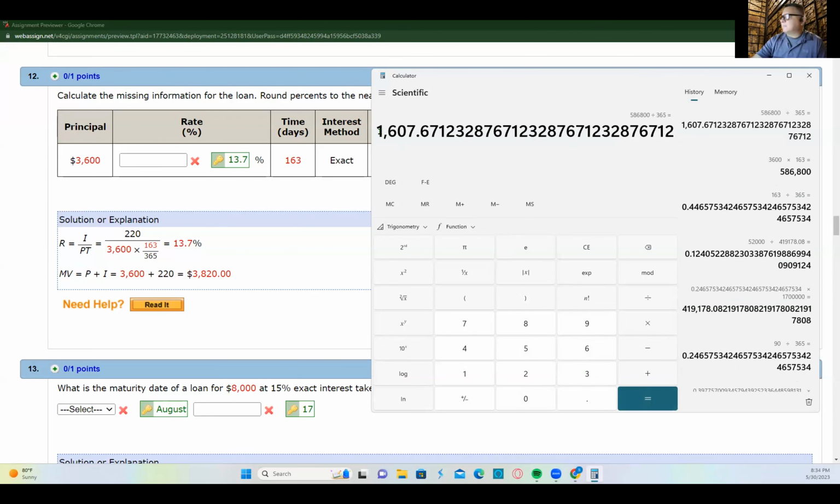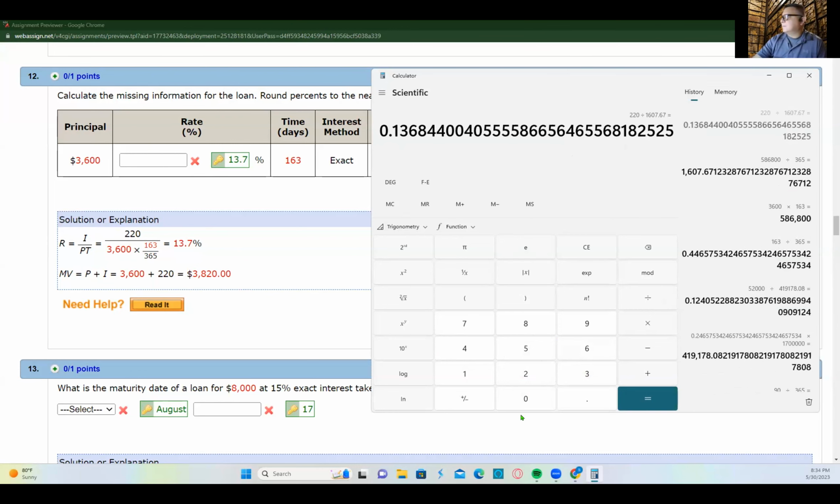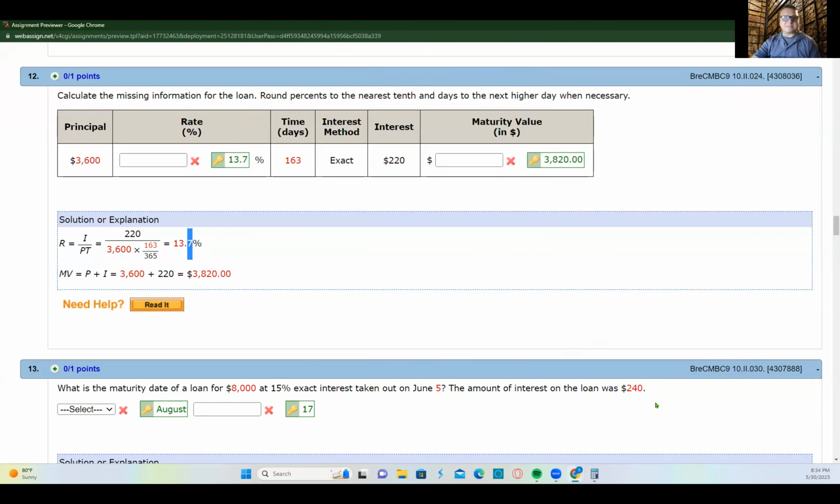That's going to give you that bottom number of 1607.67. Then 220 divided by 1607.67 should give you 13.68%, but they want it to the 10th, so it'd be 13.7.